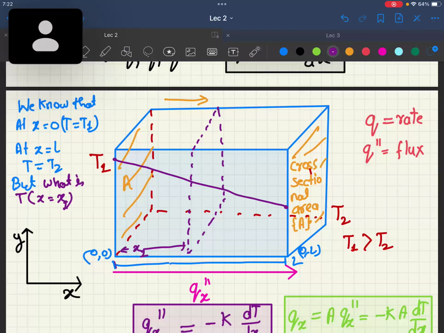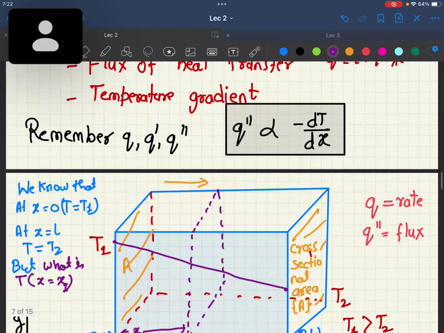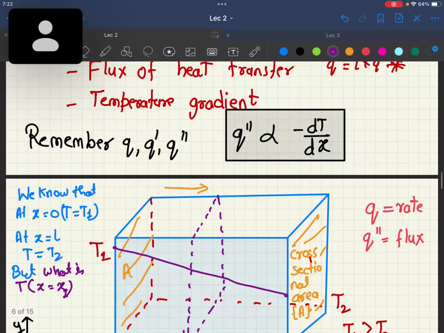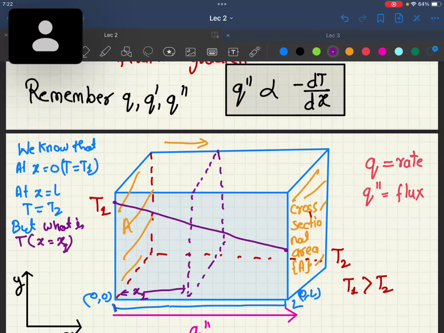Bharat, हाँ, can you always make some sort of symbol to show that there should not be any conduction from the top and the bottom? Yeah, so we are always considering one dimensional heat conduction. So we have not yet touched that. So just make some sort of insulation on the top and the bottom.